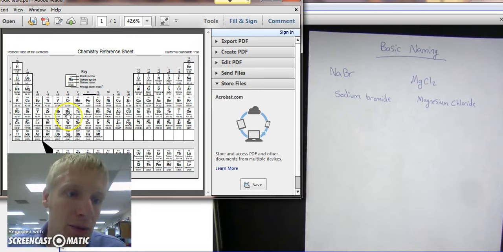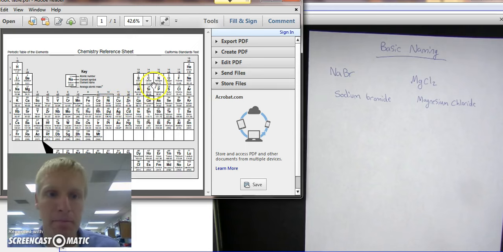Now the basic rule only works really for column 1 and 2 elements. If you have a transition metal, then you have to use the Roman numeral rule, which is different, and we'll get to that. It always happens between a metal and a nonmetal. Right here is the stair step, this solid line.